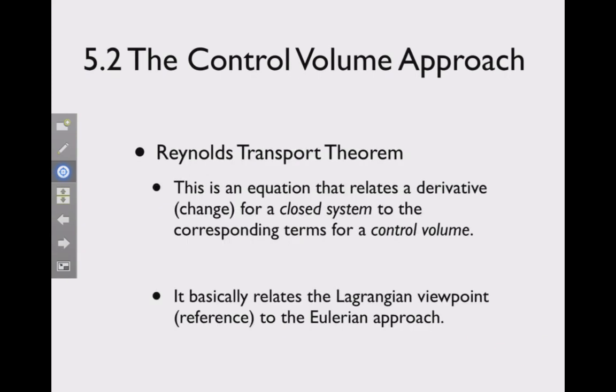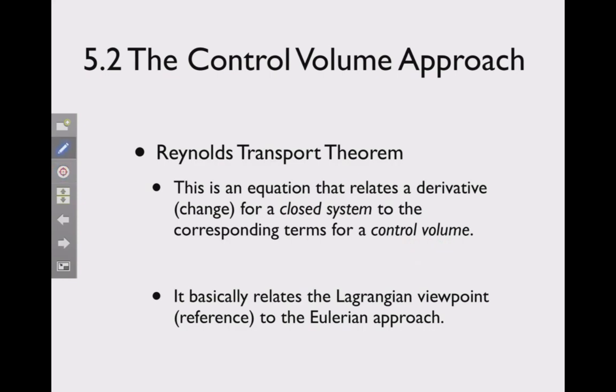So let's continue on. We're now going to begin to relate this to the Reynolds transport theorem. And let's just state in general what it is. It's an equation that relates a derivative or change for a closed system, of a parameter of interest, the capital B, it might be energy or momentum or mass, to the corresponding terms from a control volume.